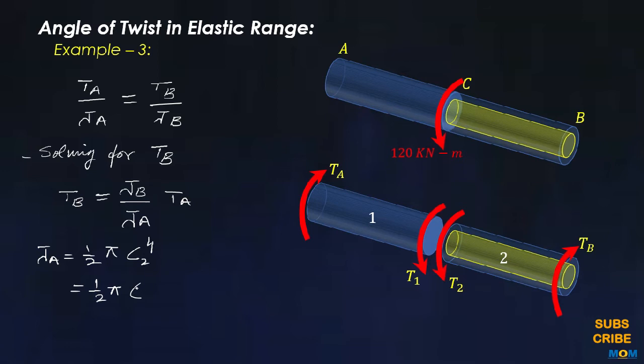Since the diameter of the shaft is 22 millimeter, the radius of the shaft is going to be 11 millimeter raised power 4. So the value of polar moment of inertia for the case of solid shaft is going to be 230 into 10 raised power minus 6 m4.